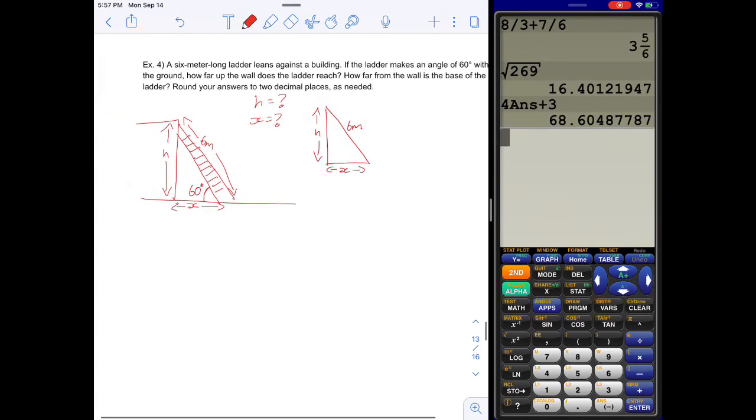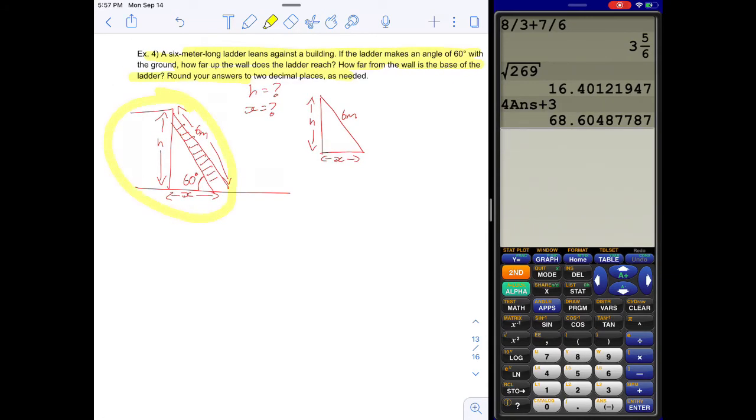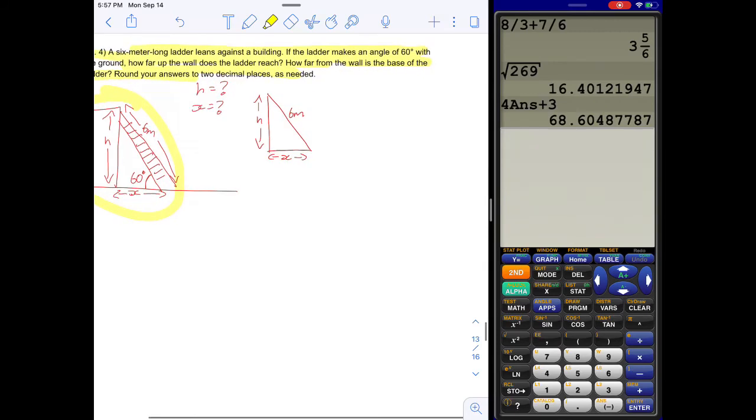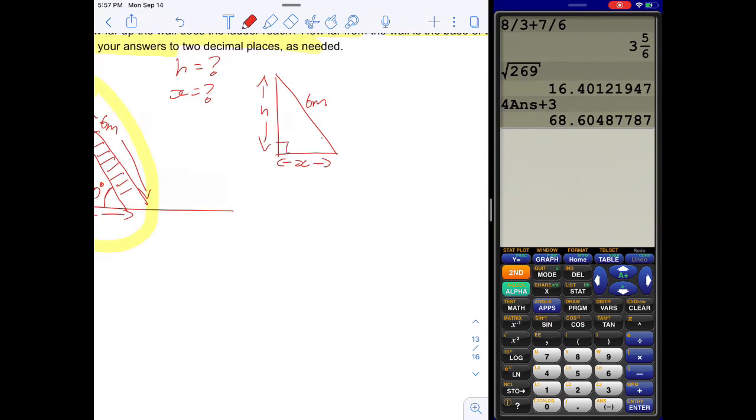So look, we went from a fairly confusing, lots of words, lots of information, to a nice diagram, and then to the most simple triangle you can get. And you know how to solve this at this point. This is 90 degrees, and this is 60 degrees. And from there, it shouldn't take too much to solve, okay?